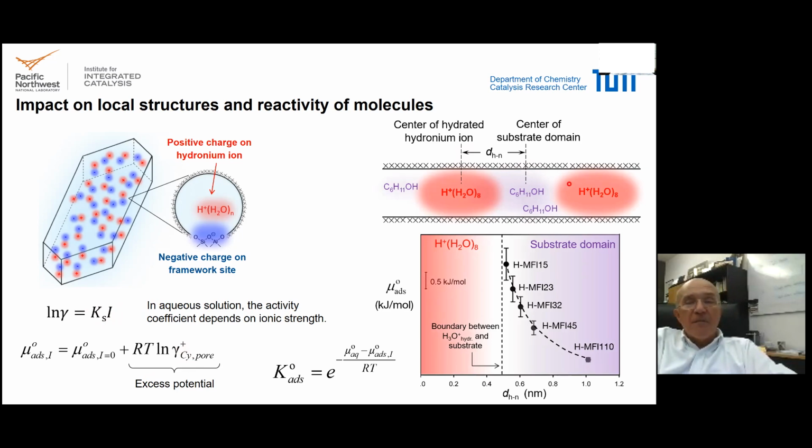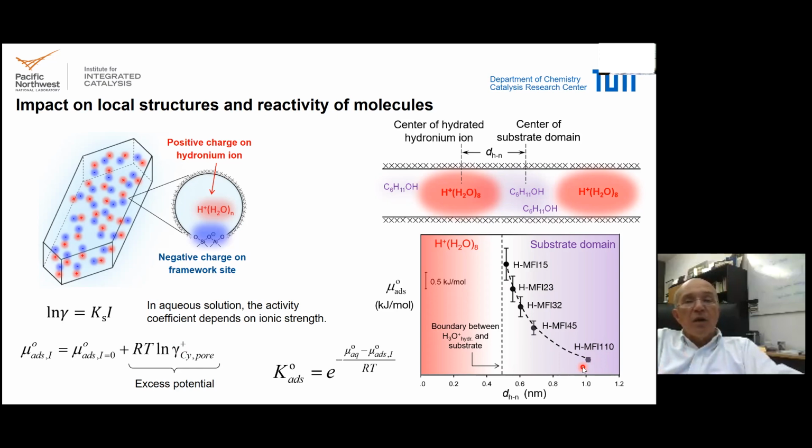And you see that the chemical potential drops quite dramatically over a relatively short distance, from the physical boundary at around 0.5 nanometer down to almost the equilibrium value at a distance of about one nanometer. So this is a short distance effect.